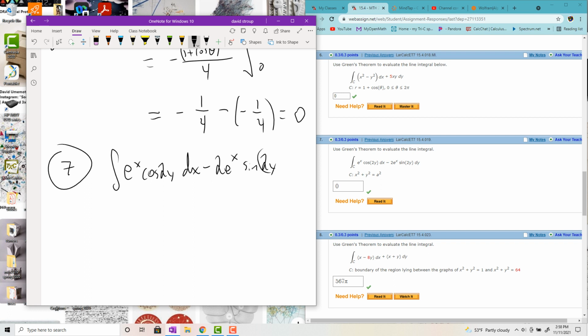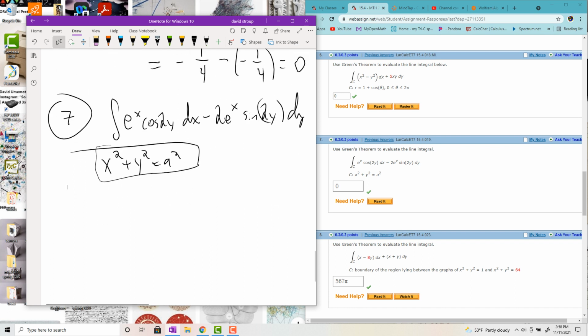You can already see the answer. So x squared plus y squared is equal to a squared is the curve we're worried about. Okay, so I need my double integral over that region, which is a circle with radius a. The partial of this with respect to x is negative 2e to the x sine of 2y.